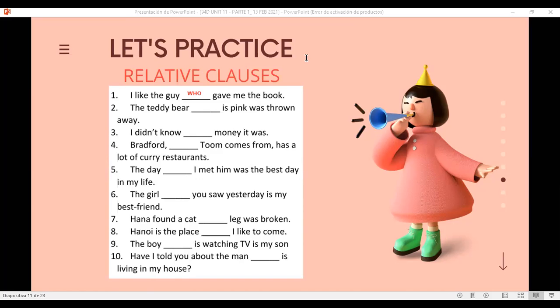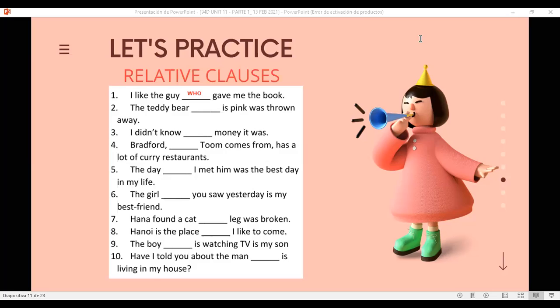¿Qué utilizarían? ¿Qué relative pronoun utilizarían? Estamos hablando de un peluche. The teddy bear. ¿Qué sería un objeto o una cosa? ¿Qué utilizarían?